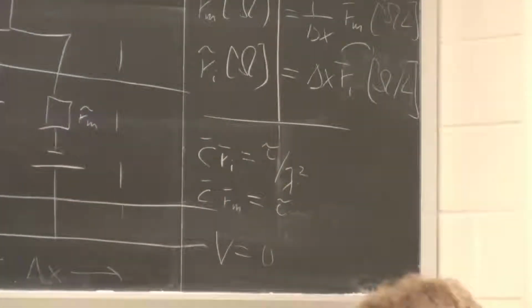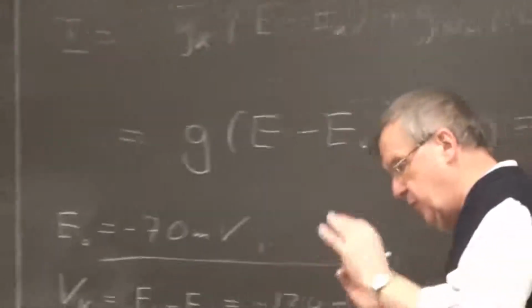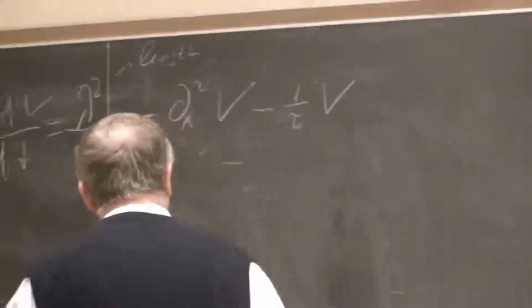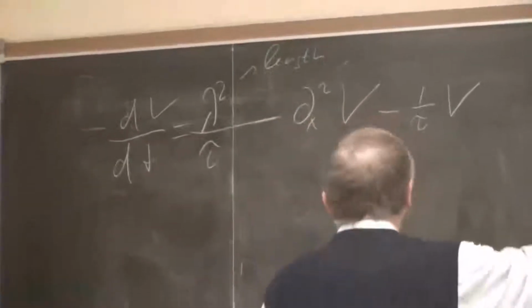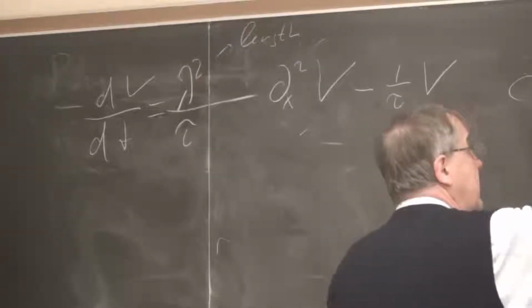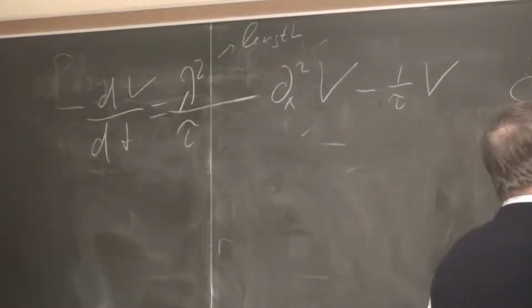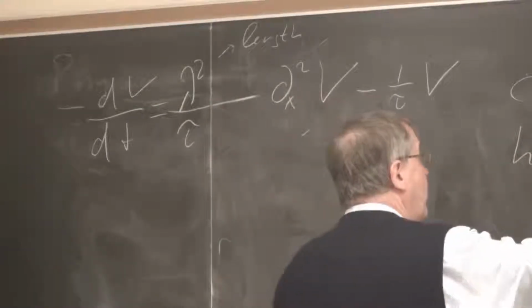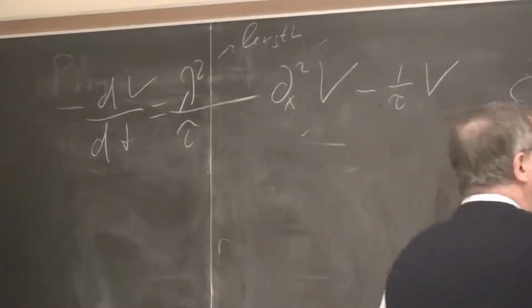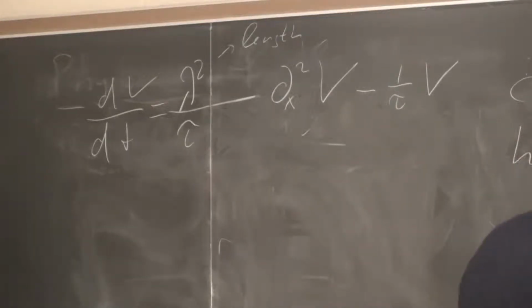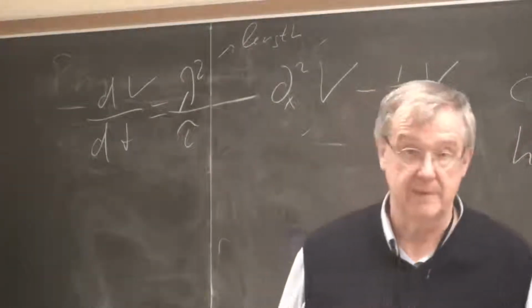So then I have two constants for two different variables. I didn't simplify anything. And this is our equation, a very, very famous equation. This is the cable equation that describes the integration of signals for the dendrite of a neuron.